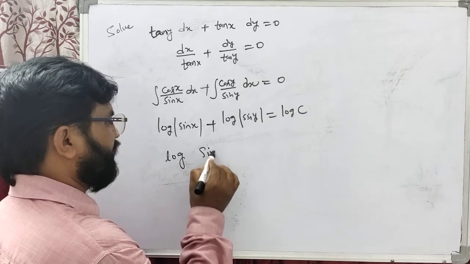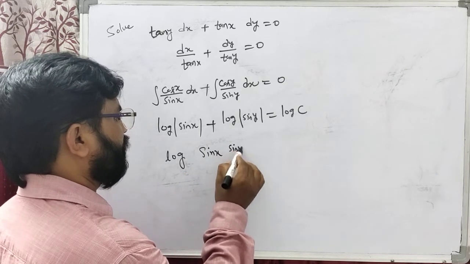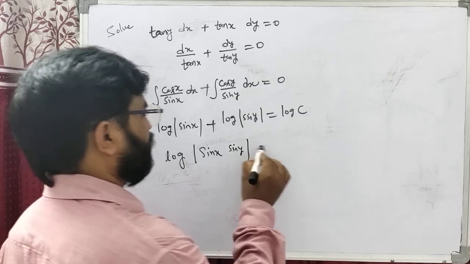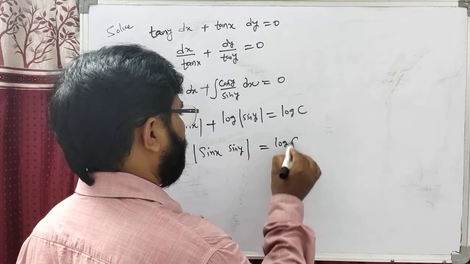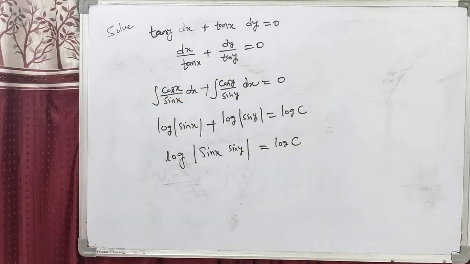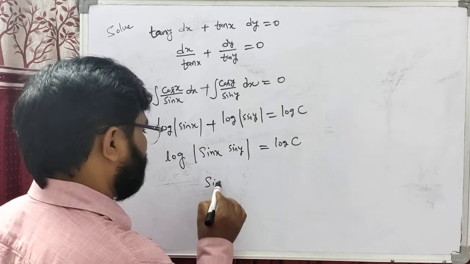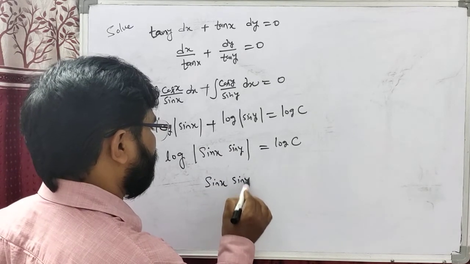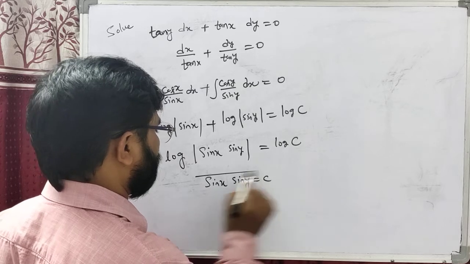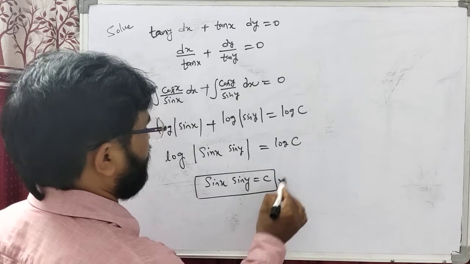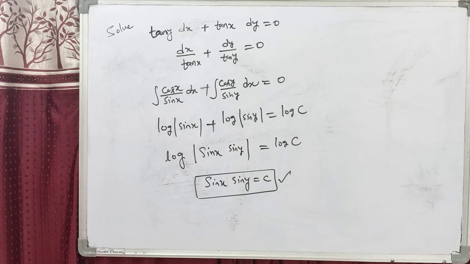This is sin x into sin y equal to log mod of c. When you remove the log on both sides, we get sin x into sin y equal to c.